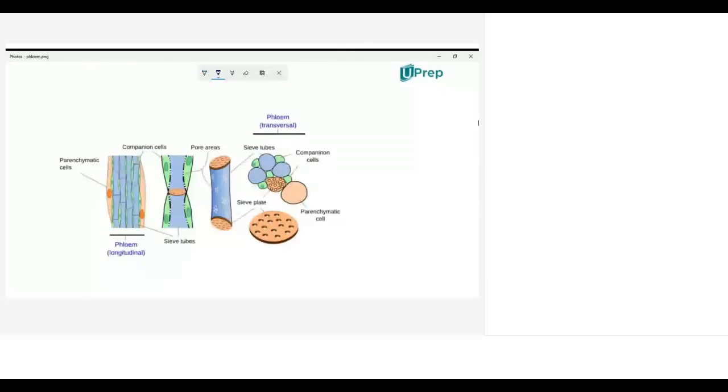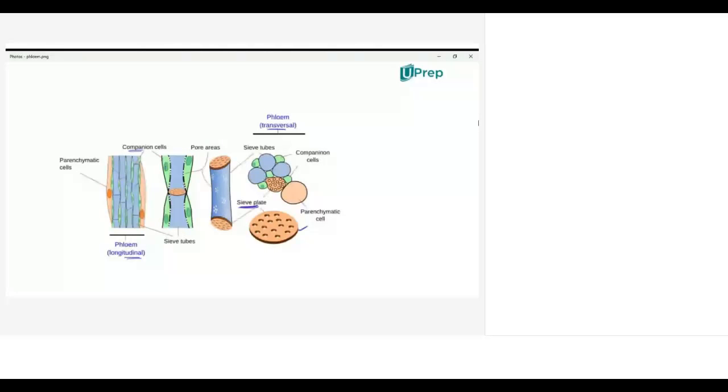Now, take the phloem tissue in longitudinal section and in transverse section. See the longitudinal section. Here we have the companion cells, and this is the sieve tube. These are the pores of the sieve tube, which translocates the food. The pore-possessing part of the sieve tube is called the sieve plate. It looks something like a strainer you would have seen in your kitchen. Here, these are the companion cells.